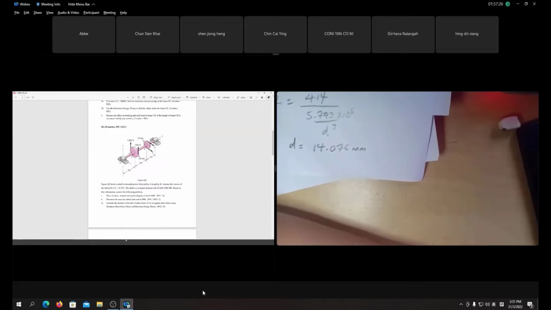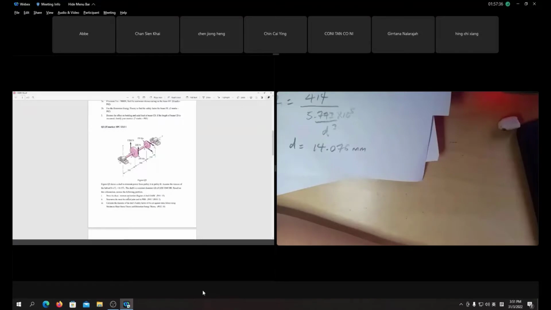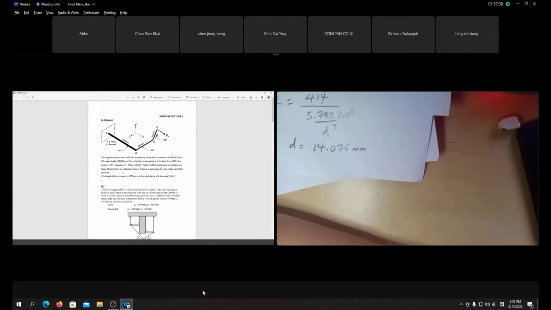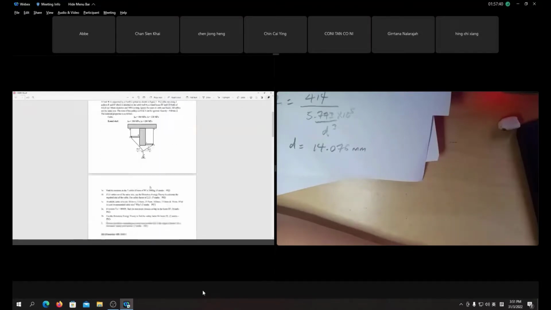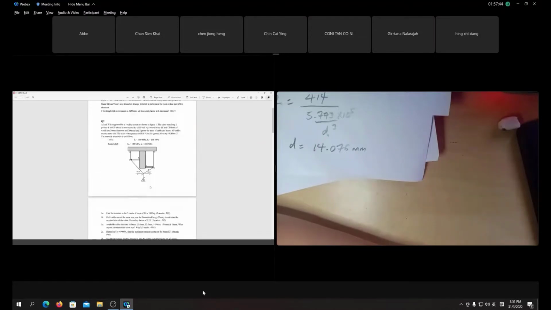Exercise 1 ni here. Diagram ni nampak kan? 1 and 3 buat. Okay, deadline tu ya bagi lebih-lebih sikit lah, tapi janganlah last minute buat.